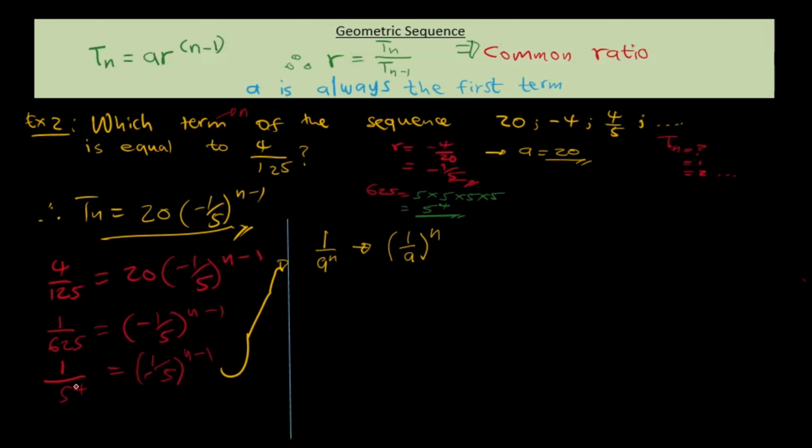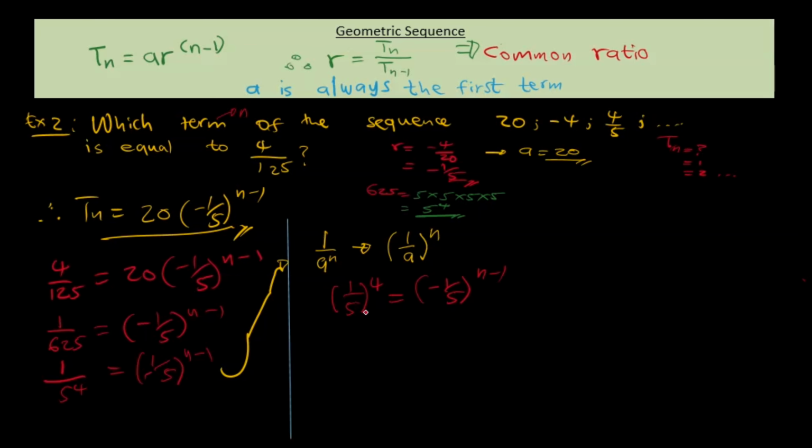Therefore, 1 over 5^4 can be written as (1/5)^4, equal to (−1/5)^(n−1).